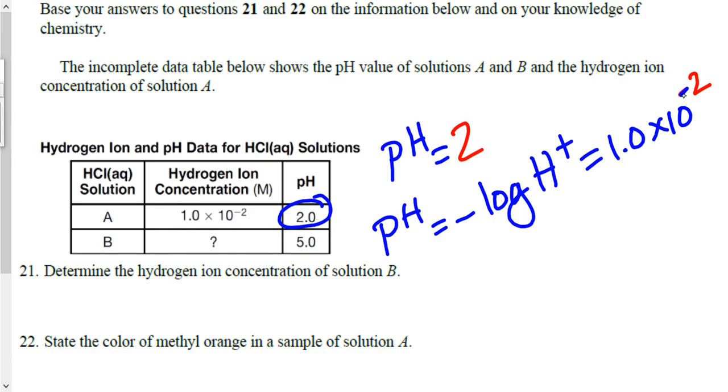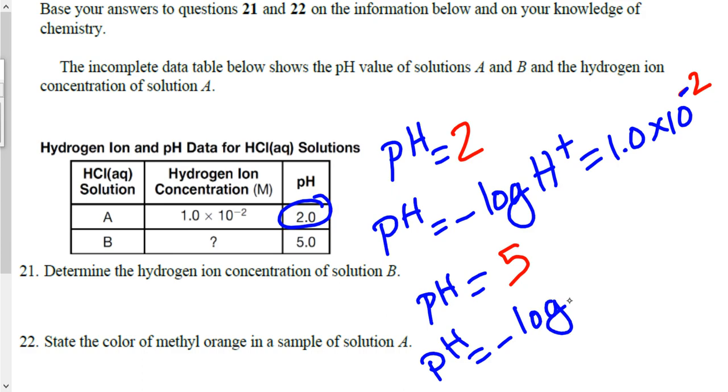So similar way, if you have something that has a pH value of 5, then the hydrogen ion concentration is going to be 1.0 times 10 to the power negative 5.